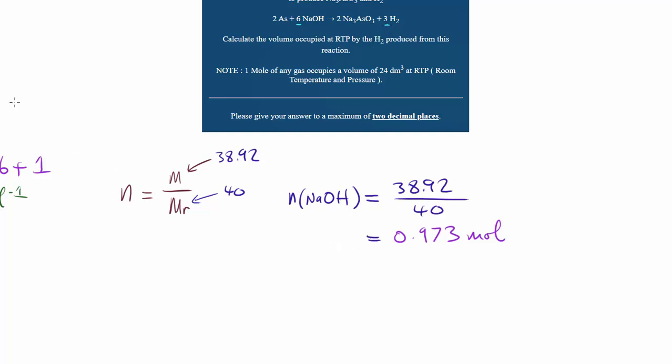So we can make a comparison in that sense, the number of moles of NaOH compared as a ratio to the number of moles of H₂, right? For NaOH is going to be 6, and for H₂ is going to be 3, right, as a ratio.